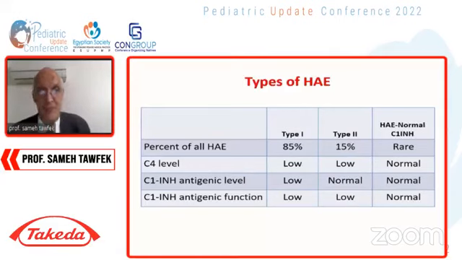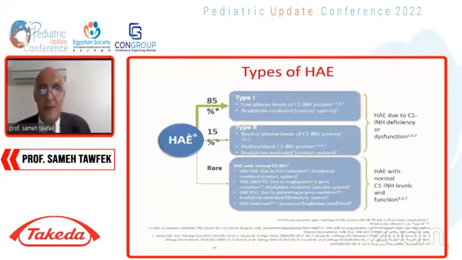In type 1, C1 esterase inhibitor level is low, but in type 2, it is normal. And this also demonstrates the different types. The first one, type 1, is representing 85%, and the second one is representing 15%. And it is due to C1 esterase inhibitor deficiency or dysfunction.